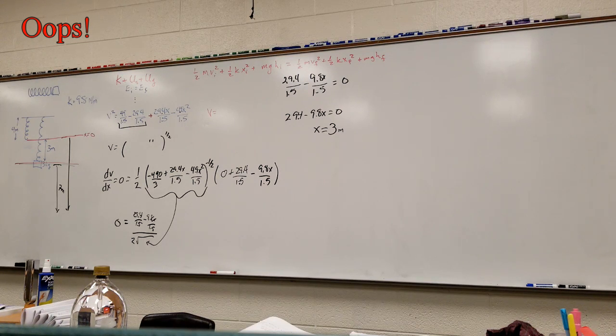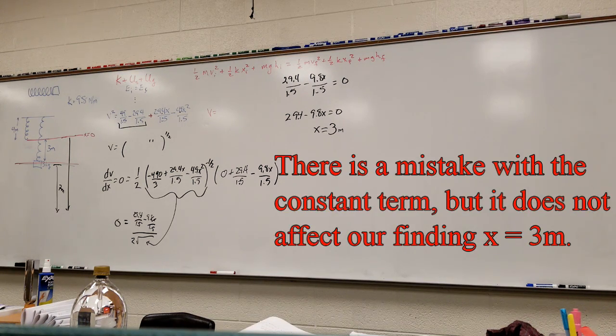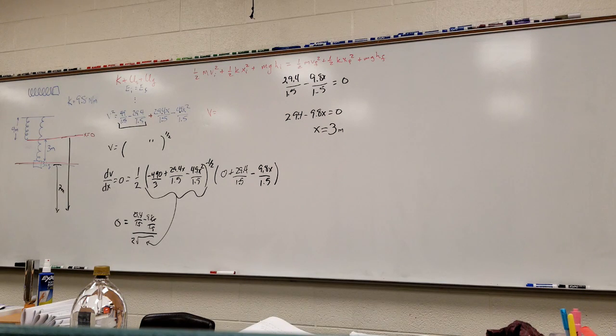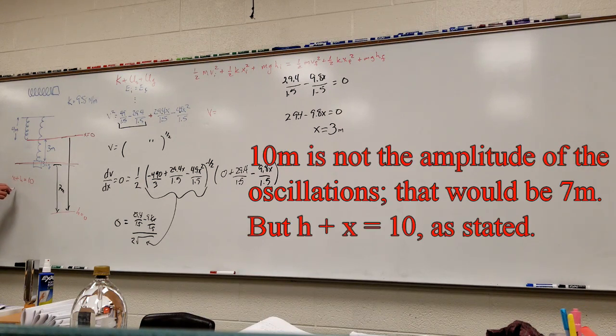Let's see. We did set h equal to 0 at the bottom. And so I know that h is this distance, x is that, so x plus h is equal to the amplitude, or 10. So h is equal to 10 minus x.